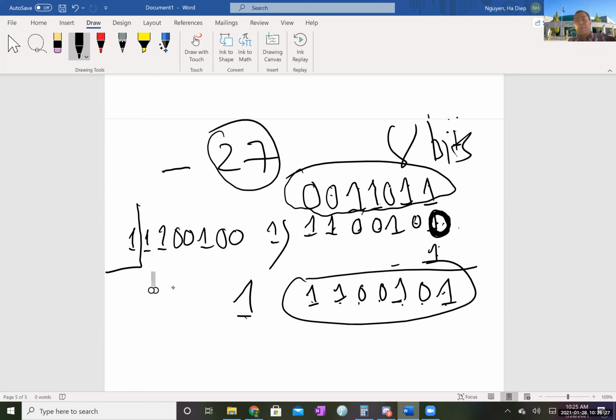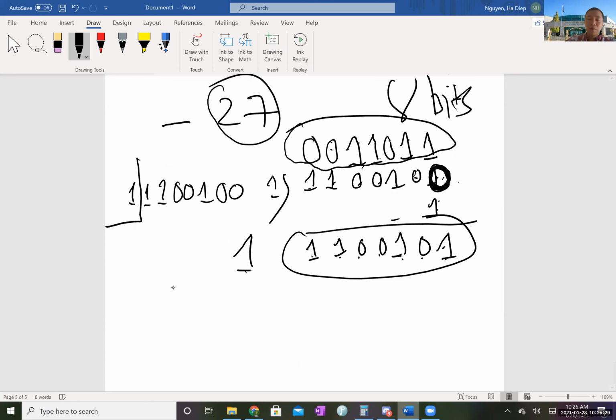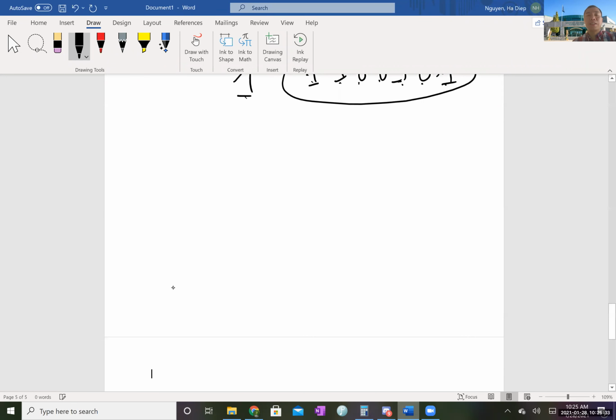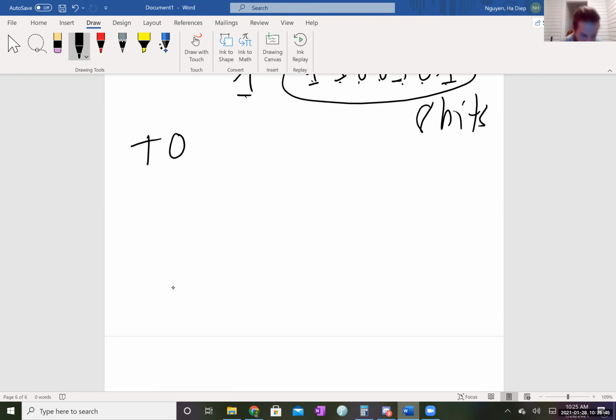Now, if you want to see how the number 0 works here, if you have the positive number 0 in 8 bit, what is it in the 2 complement? Number 0 positive. It's 0, normally, all of them number 0 here, right?